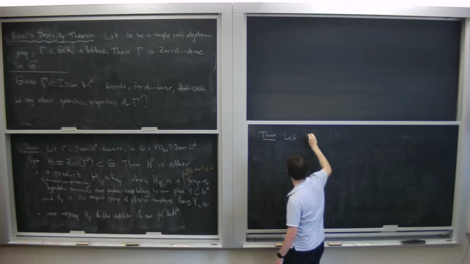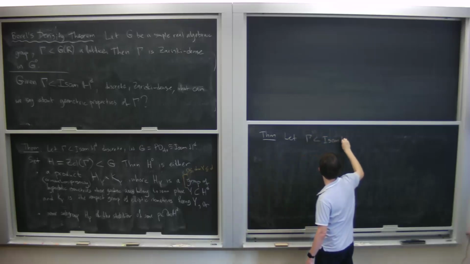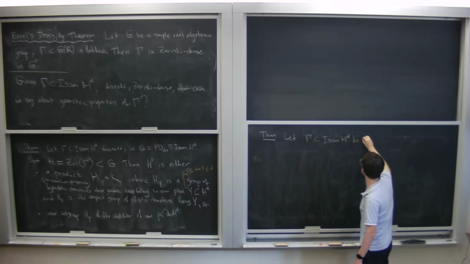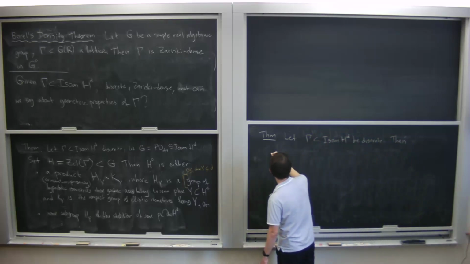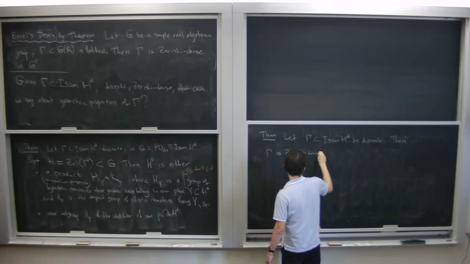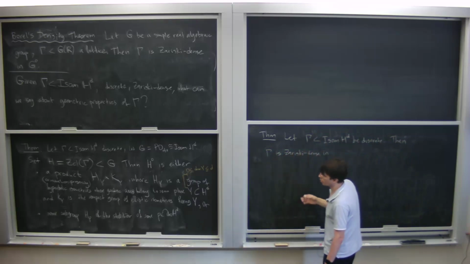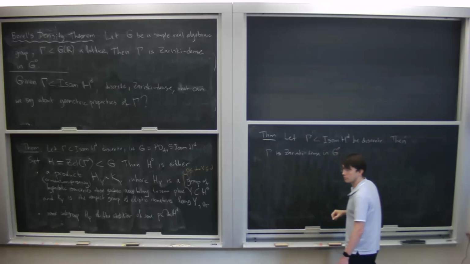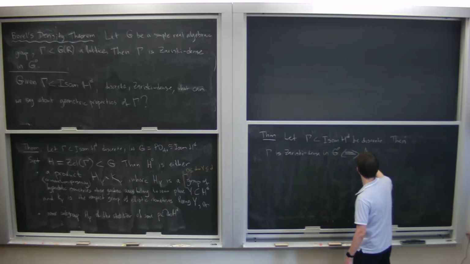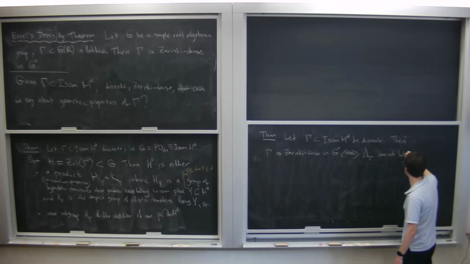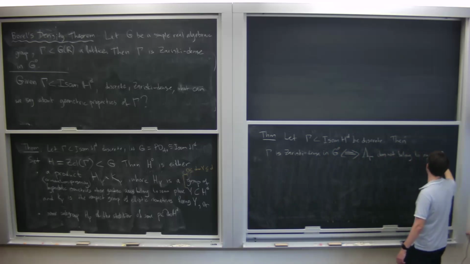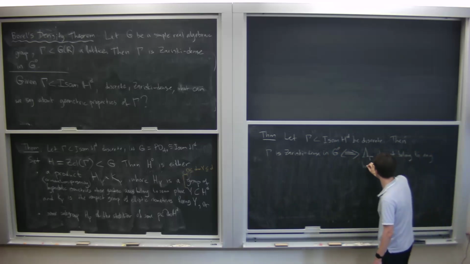So let Gamma be discrete in Isom H^D. Then Gamma is Zariski dense in the connected component of G if and only if the limit set Lambda Gamma does not belong to any hypersphere of the boundary.